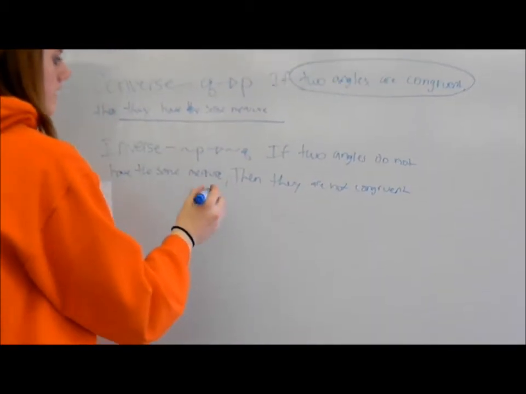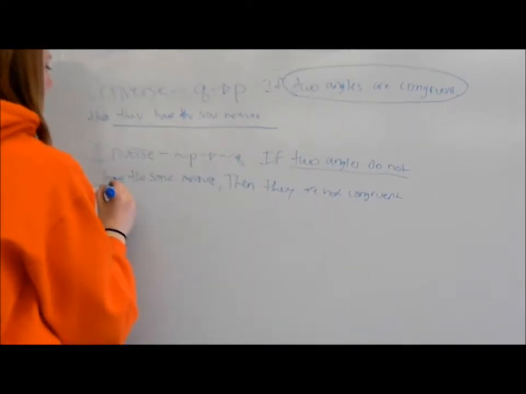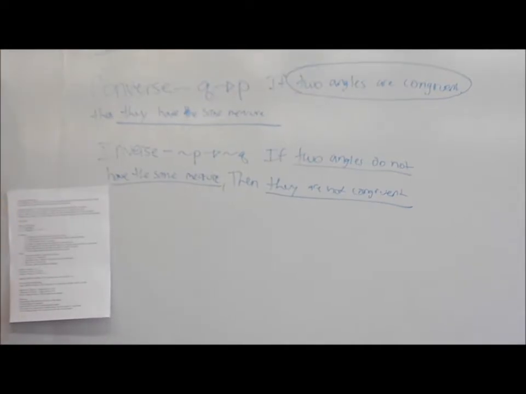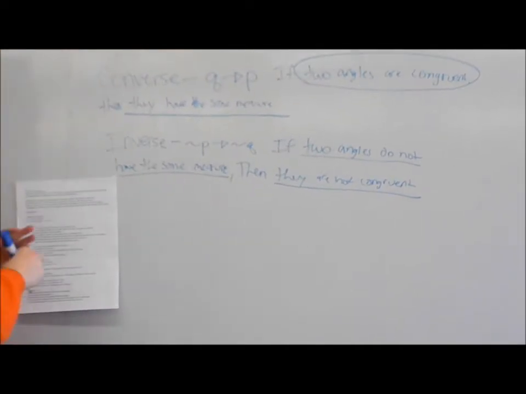So the not P is two angles do not have the same measure, and the not Q is they're not congruent. And the last one is contrapositive.